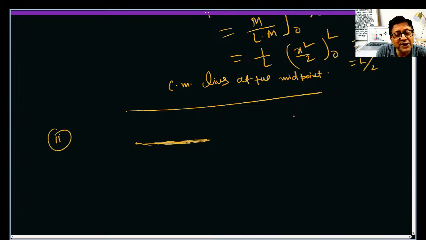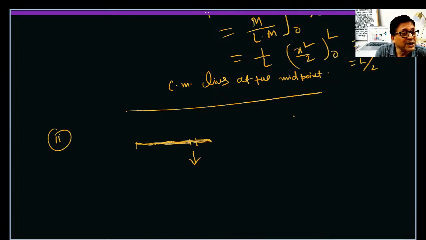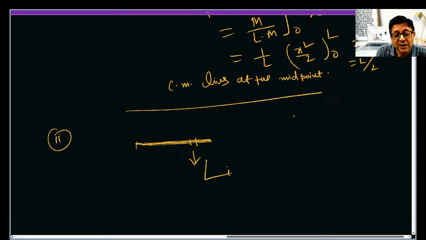Mass is gradually increasing, it is not uniform. But at a distance x, the linear mass density is what? Linear mass density is 2x plus 3x square.